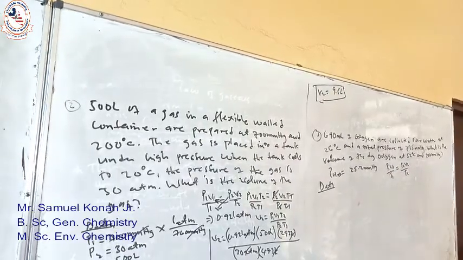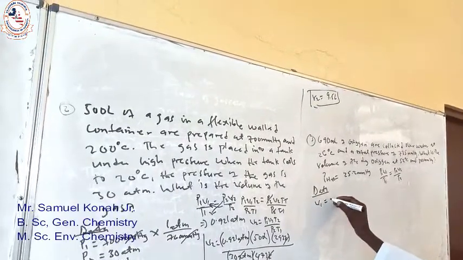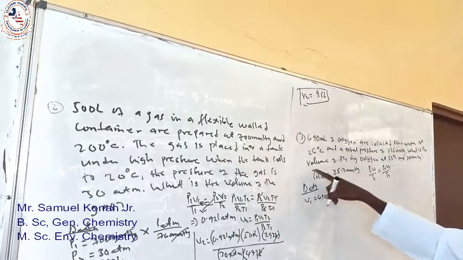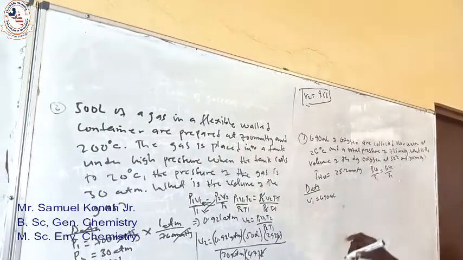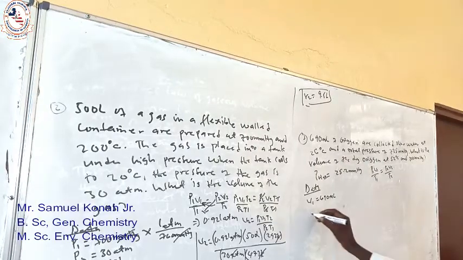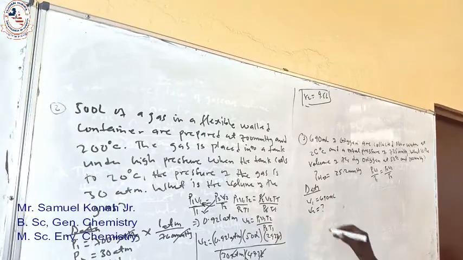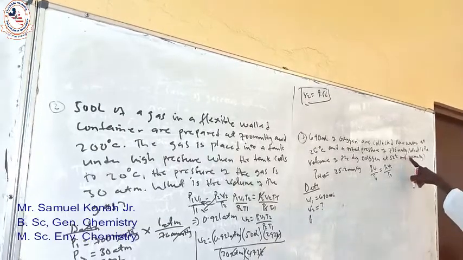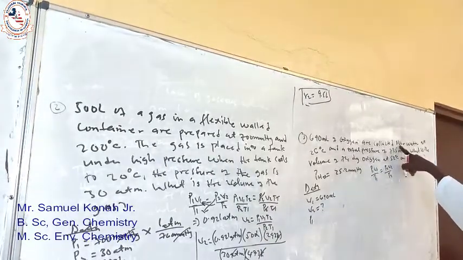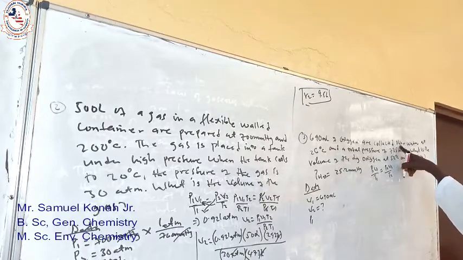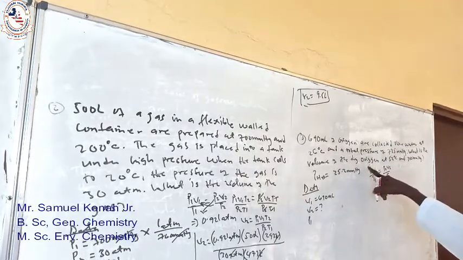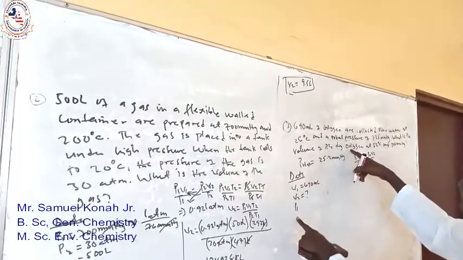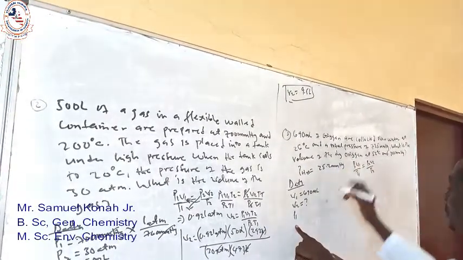So let's collect our data. Our V1 is 690 milliliter, and our V2, we also calculate the volume of the dry oxygen gas. So our V2 is equal to question mark. Then our P1, because they gave us the total pressure of the water vapor and that of oxygen, we have to calculate the P1, which will be the pressure of oxygen.